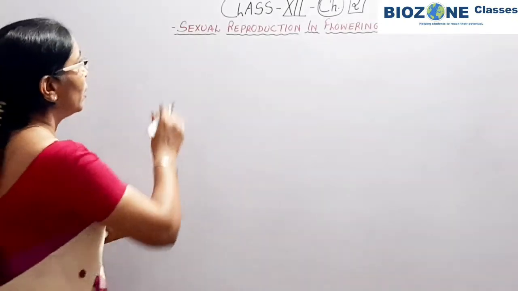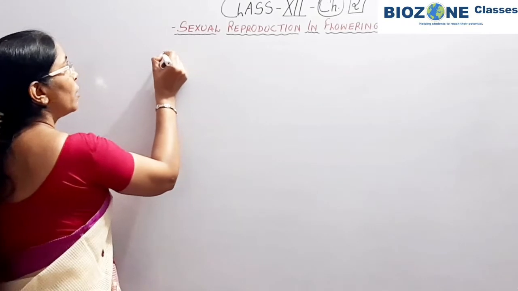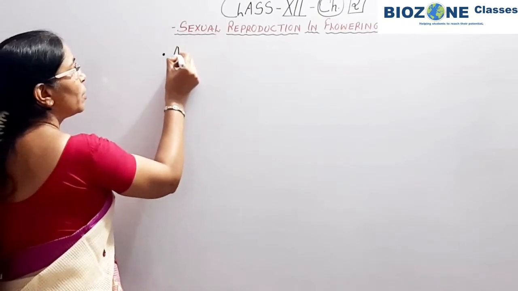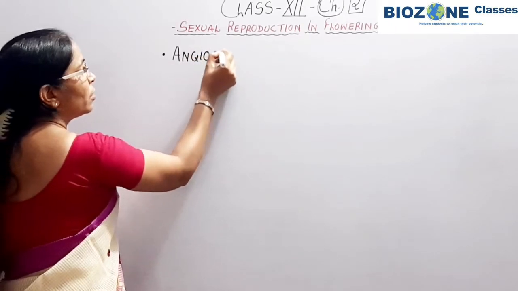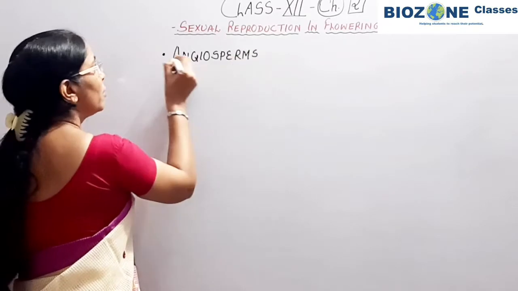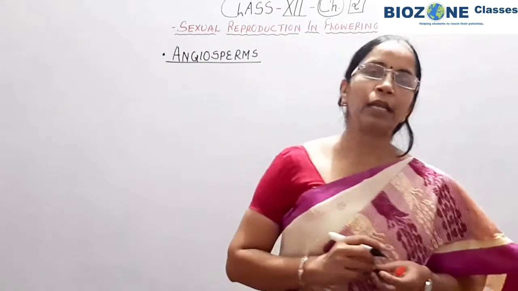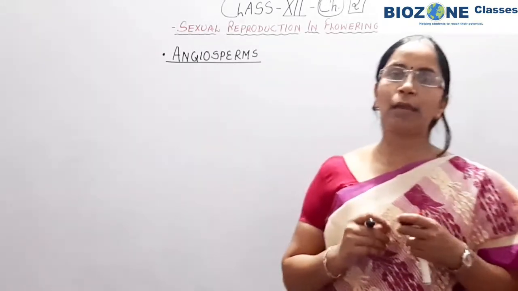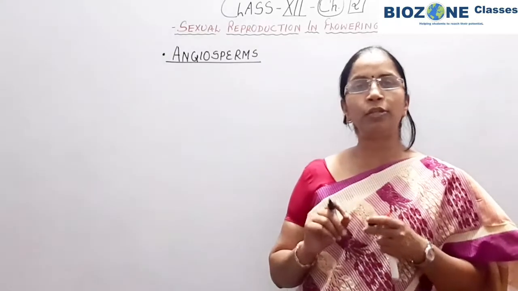Now when we use the term flowering plant, you remember the flowering plants are generally angiosperms. In class 11th you already studied the kingdom Plantae: algae, bryophyta, pteridophyta, gymnosperms and angiosperms.